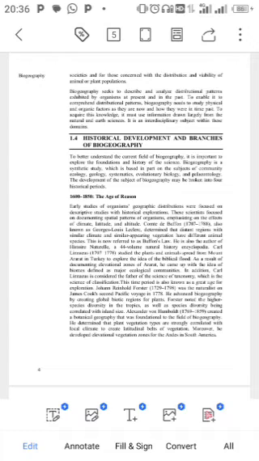In that case, we are unable to separate biogeography from its related fields, since biogeography relies heavily on theory and data from other related subjects.